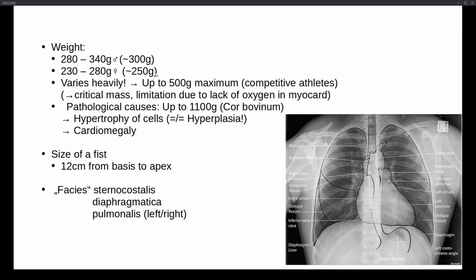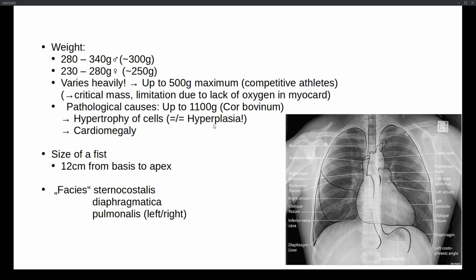But this has a maximum level, a critical mass at 500 grams, because afterwards your vasa privata have difficulties supplying the muscle tissue with blood. So you can't really sustain the muscle tissue anymore.